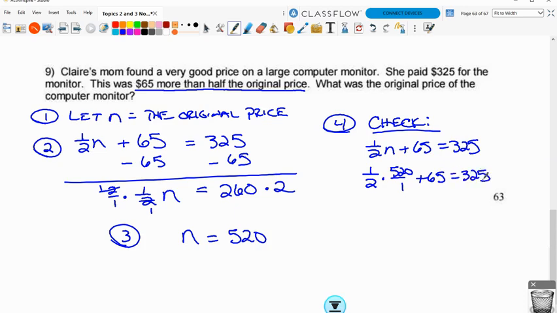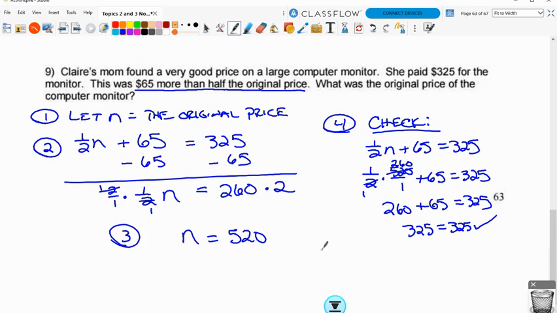We're going to go ahead and multiply the two fractions first. 1/2 times 520. The 2 and the 520 can simplify. 2 goes into 2 once. 2 goes into 520 260 times. So 1/1 times 260/1 is 260. Bring down plus 65 equals 325. And now if you add 260 with 65, you do get 325. 325 equals 325, which checks.